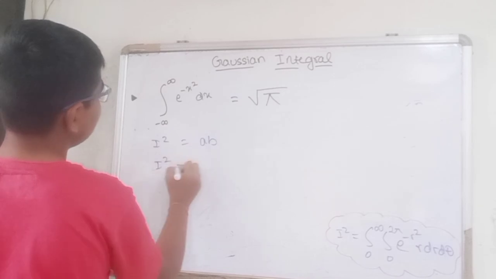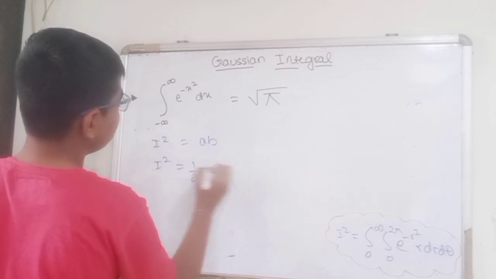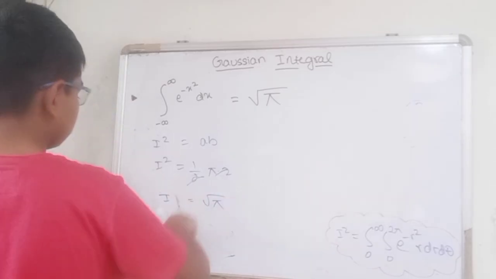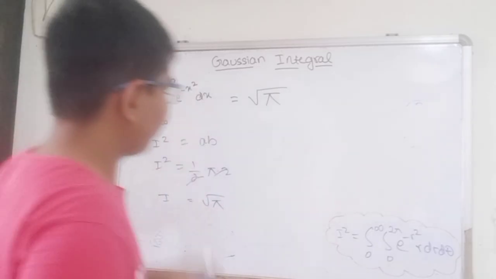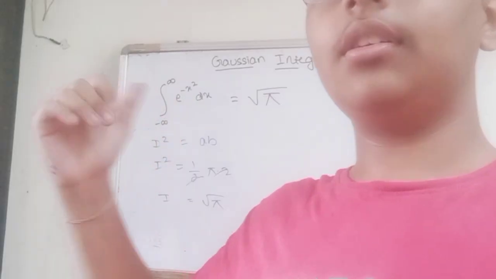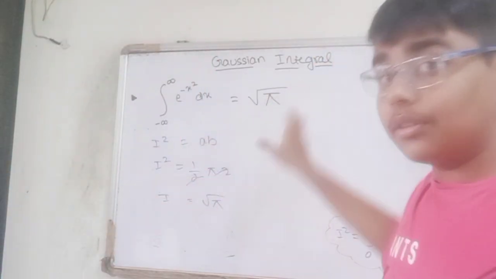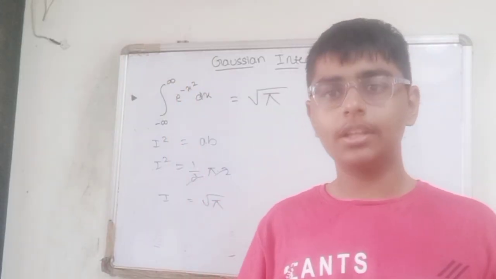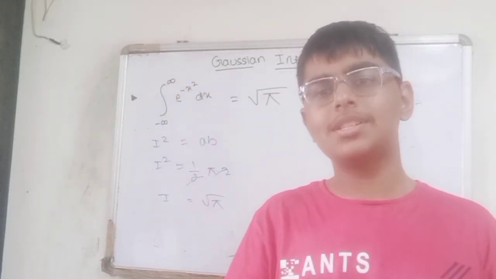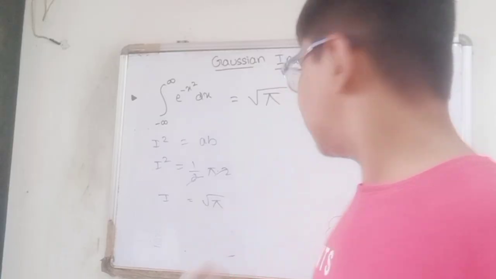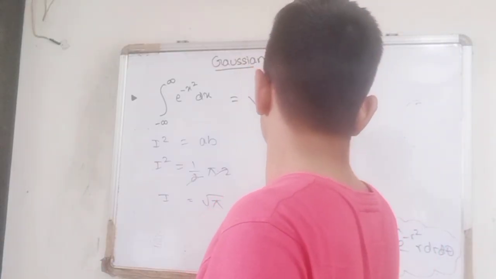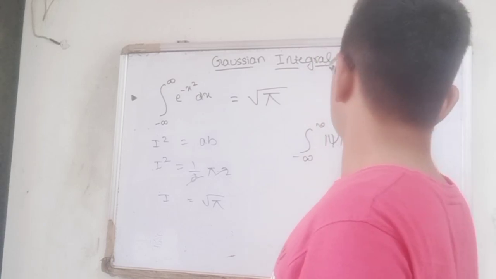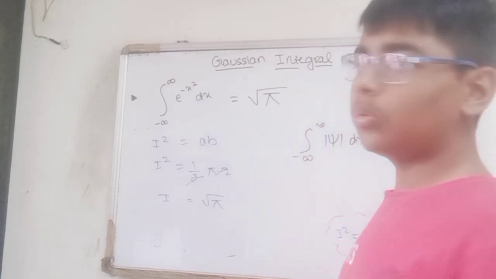I square is half into 2 pi. 2 cancel out. This is so satisfying, I can do it for ages. Now, as I told you in the starting, I'll tell you the physical meaning of this thing. Remember, I told you in my quantum mechanics video that Born's statistical interpretation tells this, and we have this dx is equals to 1.